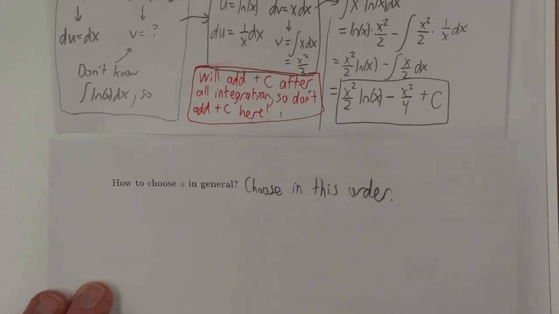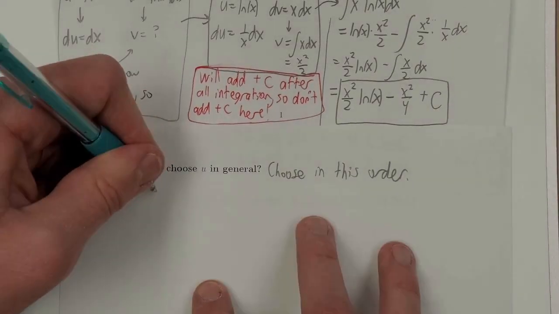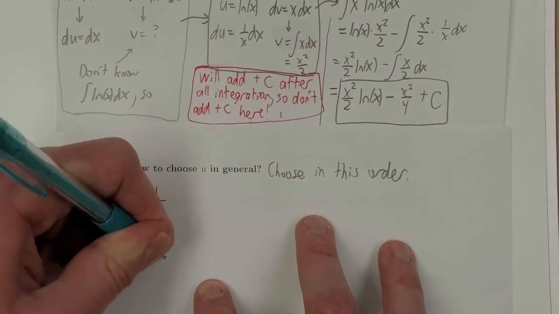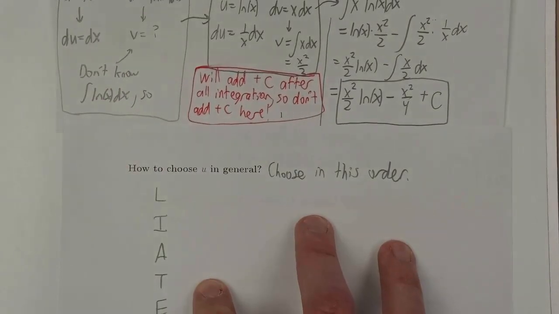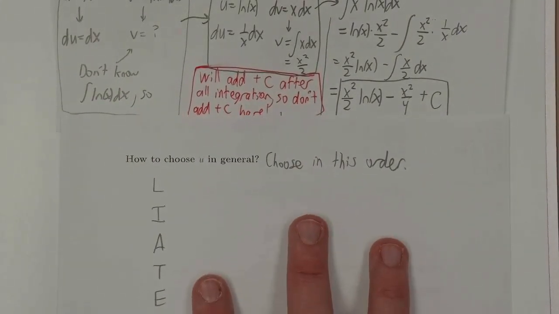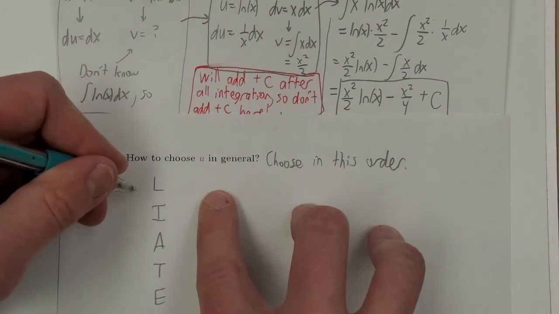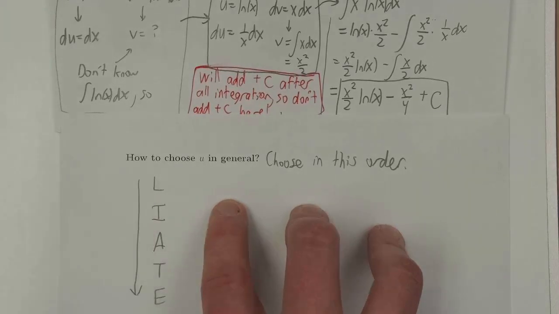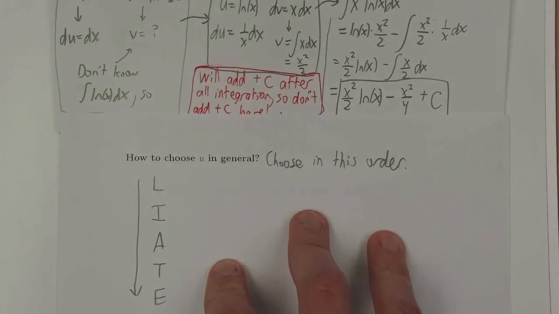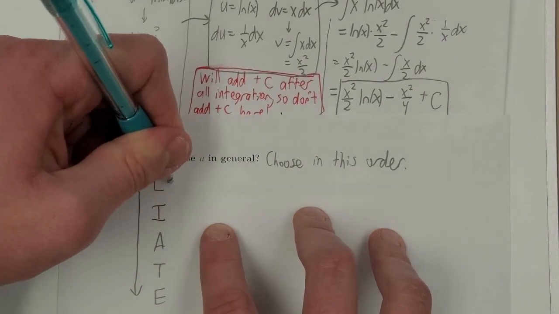So this acronym is called LIATE. Okay? So LIATE, or however you want to pronounce this. There's not really a formal pronunciation for this, so just do whatever you want in that case. In any case, here's what I mean. L is for logarithms.